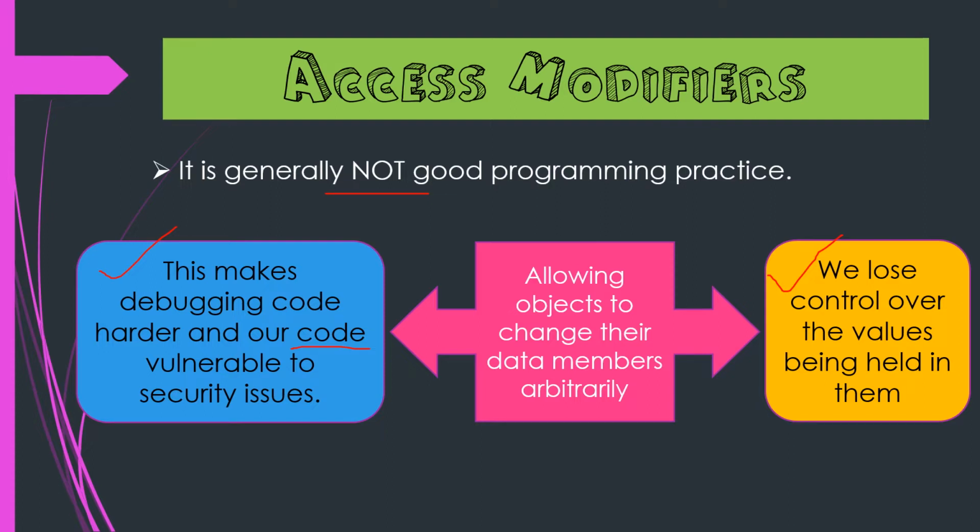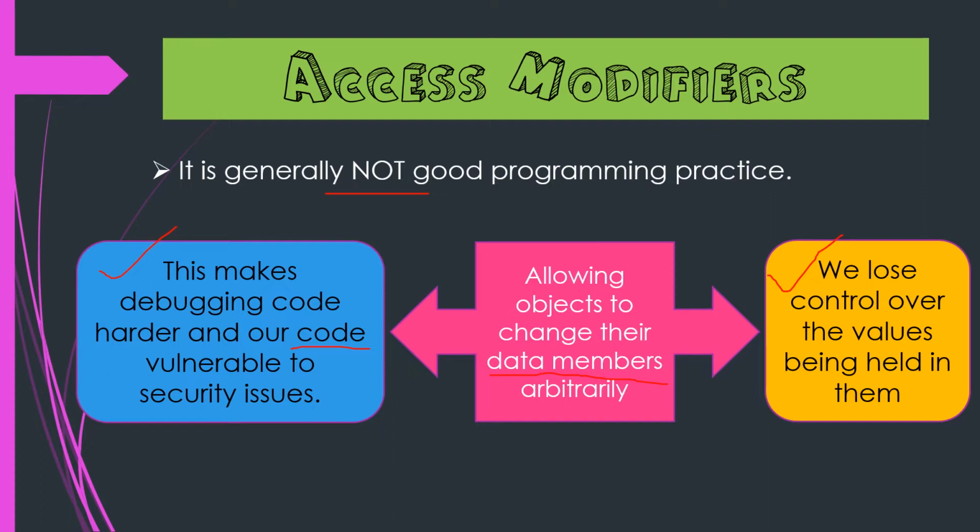We have already discussed the concept of public and private members in the previous video. In this video, we are discussing the effect of public and private members. If we set the data members as public, debugging will be harder, there will be security issues with the code, and we will lose control over the values.